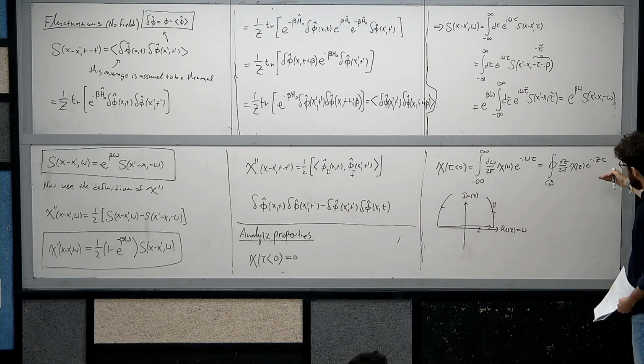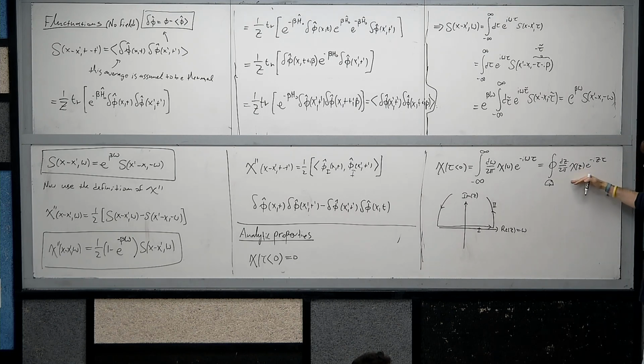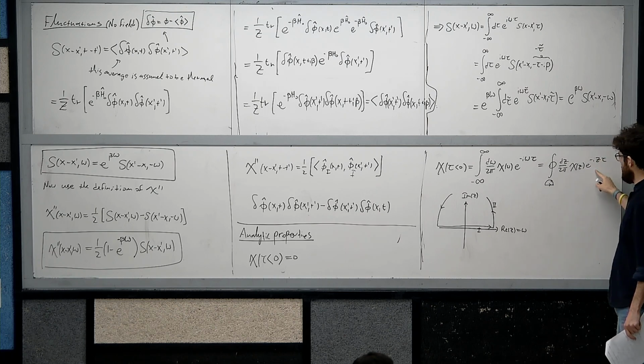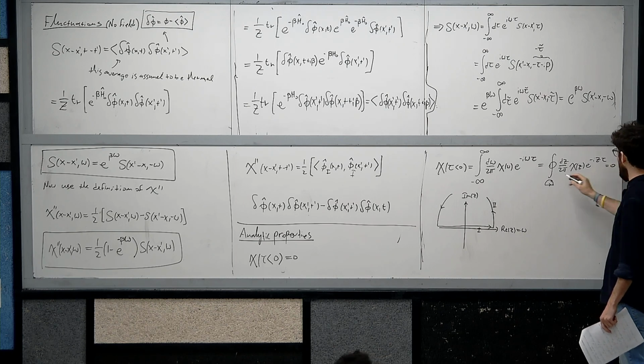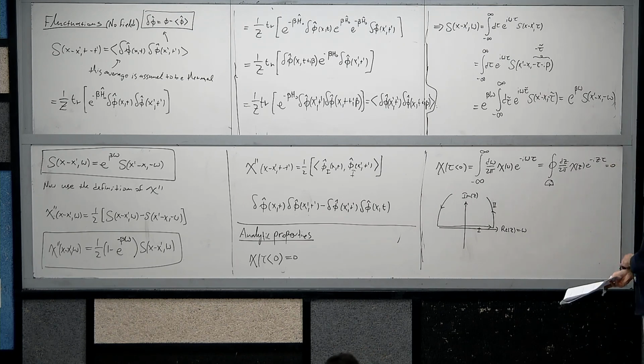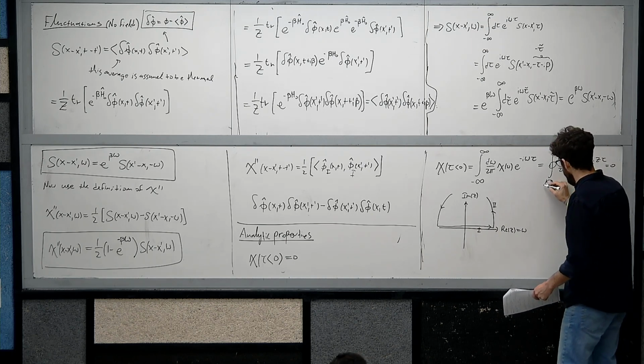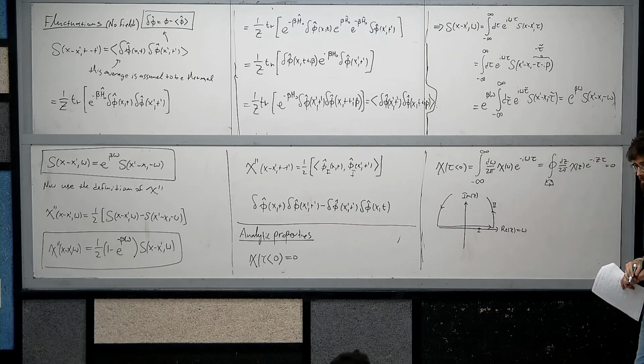Okay, and then if z develops a positive imaginary part, this thing is exponentially decaying. So that would kill this arc. So you can take the radius to infinity. Yeah, I'm taking the radius to infinity.